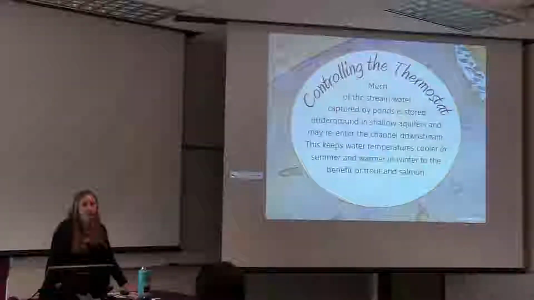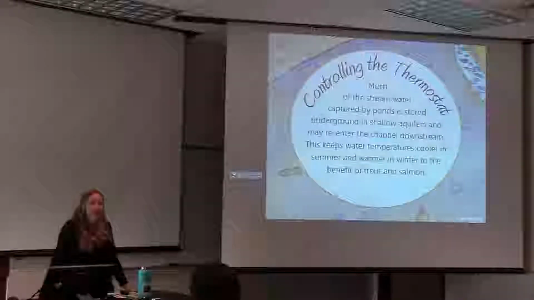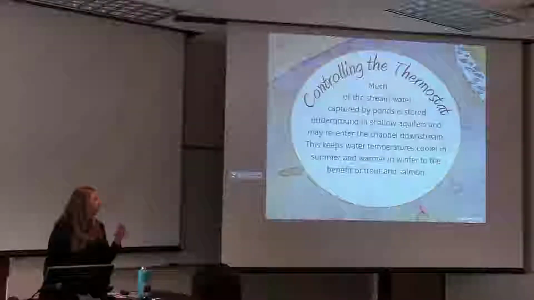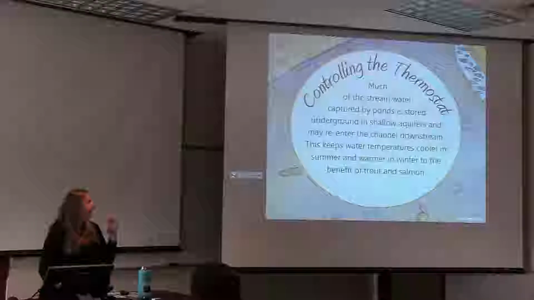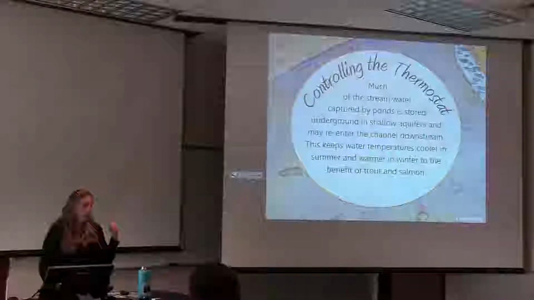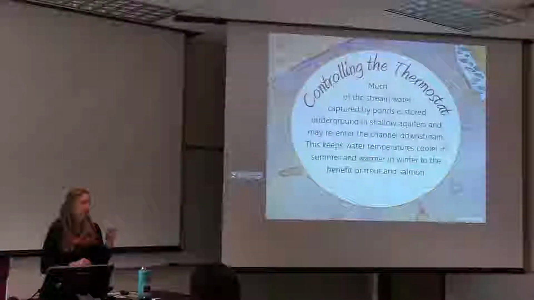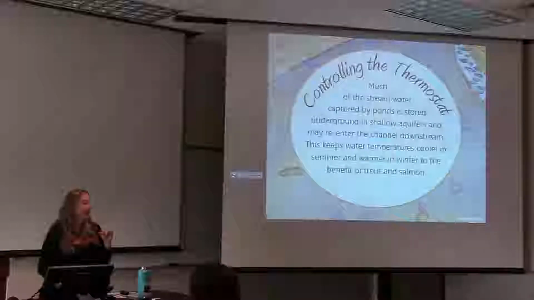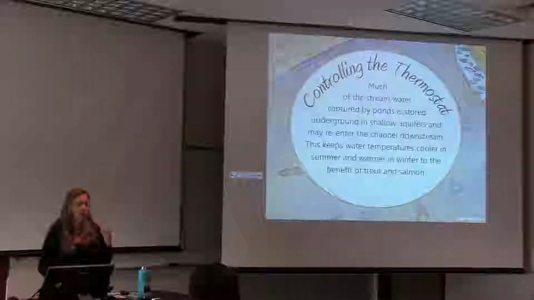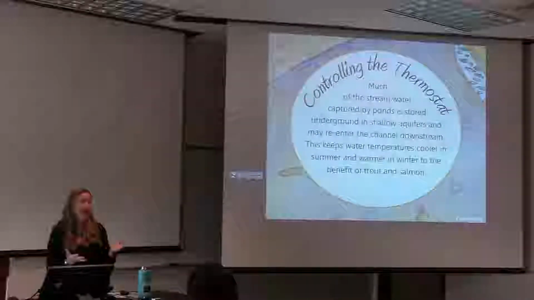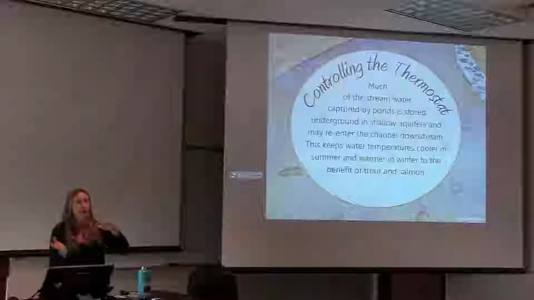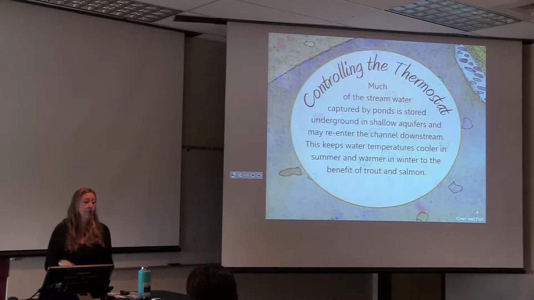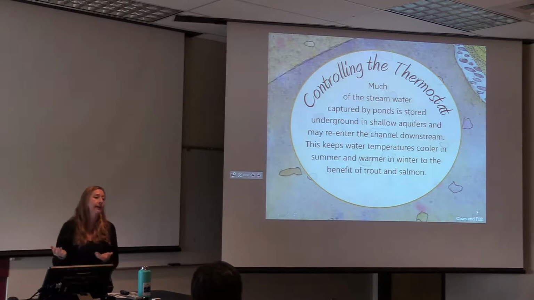And beaver dams also can control temperature. What I found for my master's, in that Bridge Creek picture I showed you, is that they implemented these fake beaver dams, which we'll talk about. We found that essentially downstream of some of the beaver dams, there was this cool water upwelling effect.